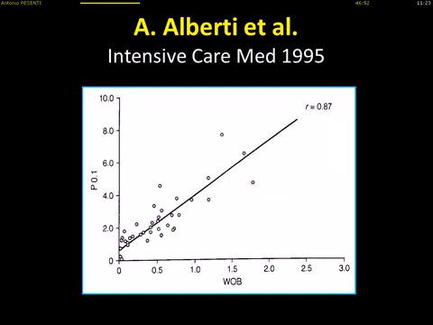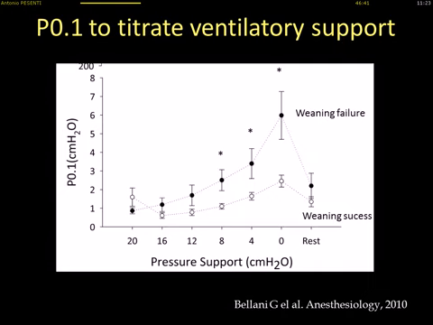And this is the relationship between PO1 and the work of breathing. It's an old paper from 1995. You can even use PO1 to decide when you can wean a patient, because patients with very high PO1.